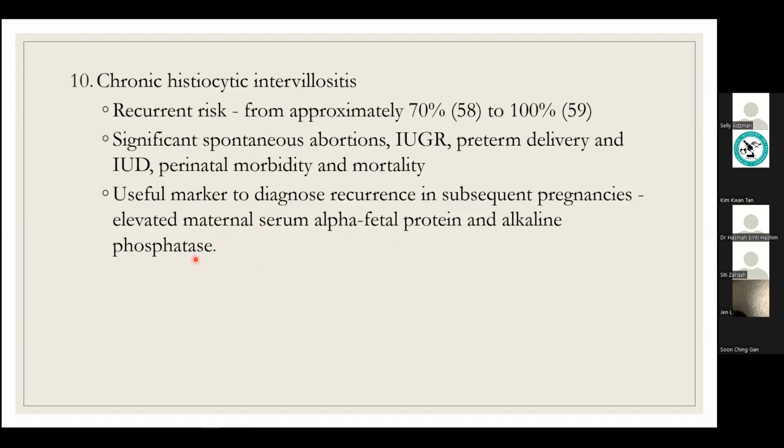When the mom has elevated serum alpha fetoprotein or alkaline phosphatase, they will know that the current pregnancy will also be affected. So the mother will be prepared. This is a potential candidate for a surrogate mother, where the pregnancy will be carried by the surrogate mother instead of the mother herself.